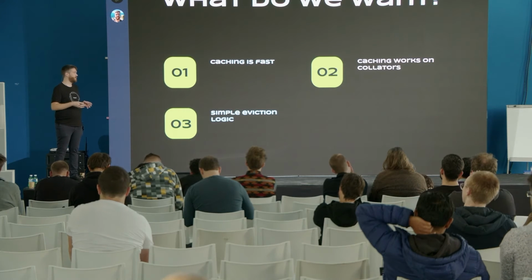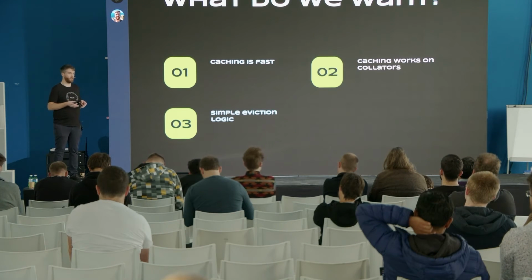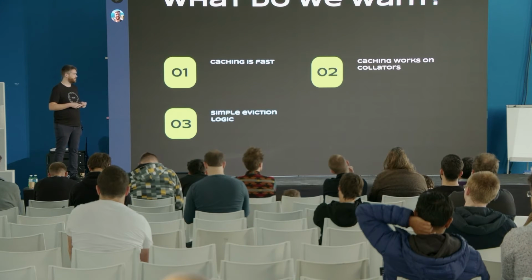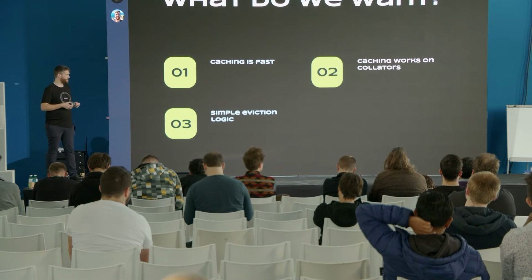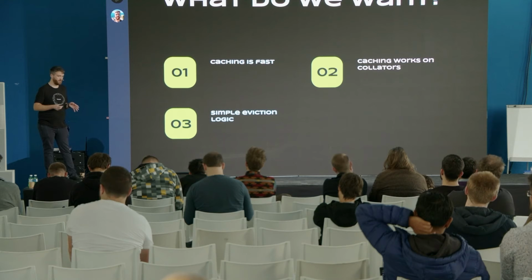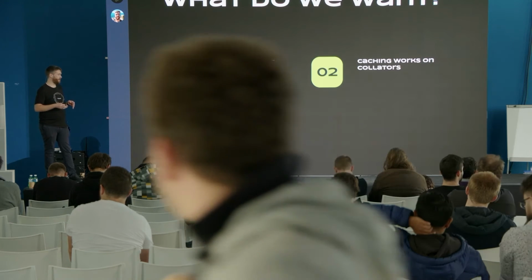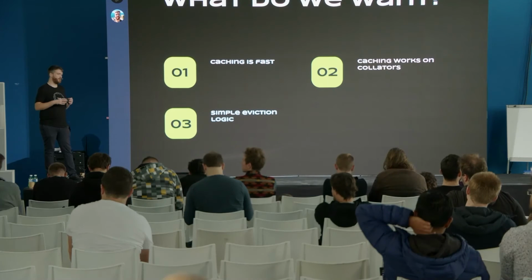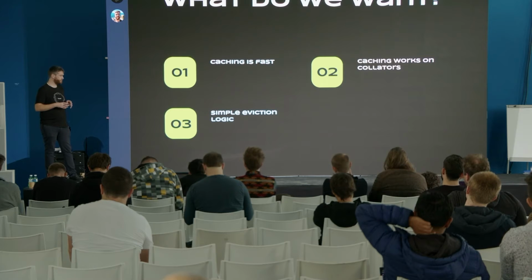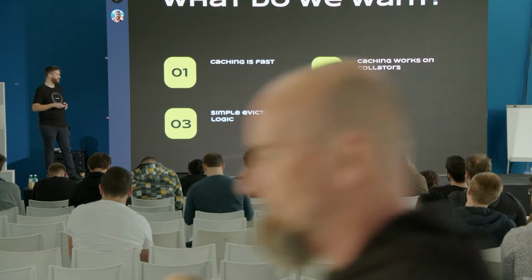Then we wanted the caching to also work on collators, because if it works on collators, a Parachain can put more transactions into a block, and so you use your block space much better. And we want to have a simple eviction logic. The point here is, as I said, if there are bugs or problems, when we need to debug it, it's better to have easier code, to stay sane and to have a better life.